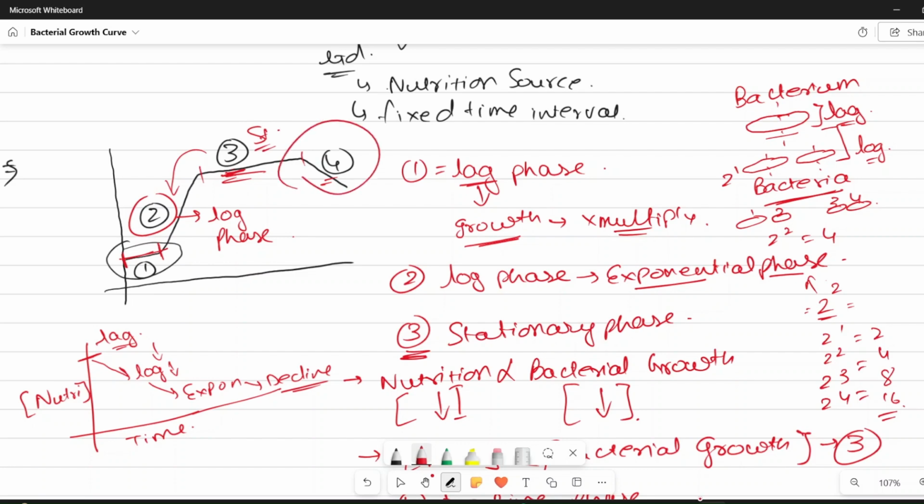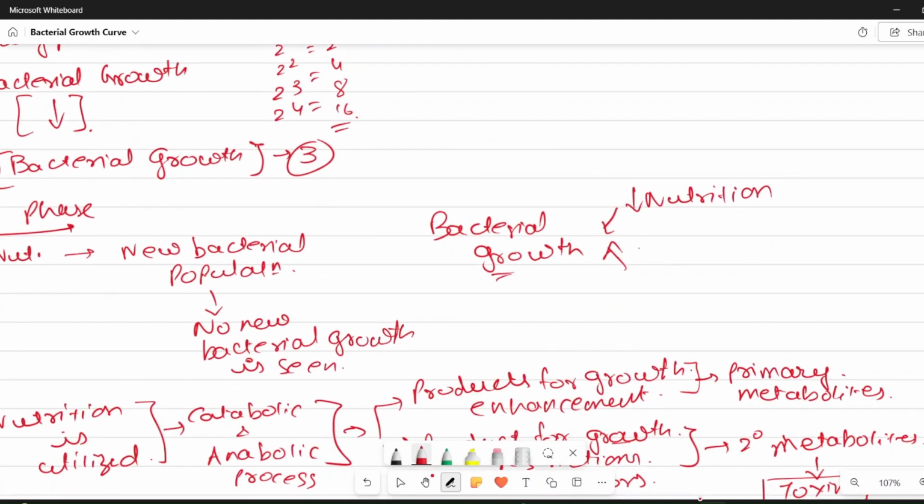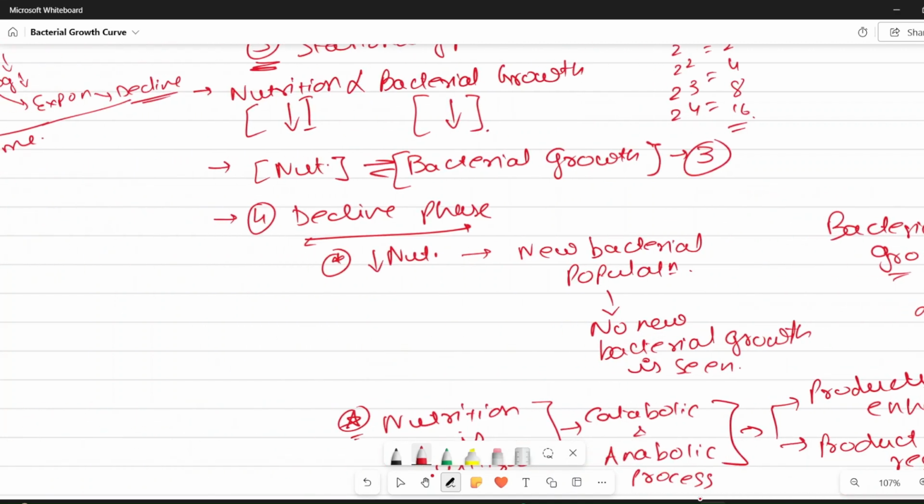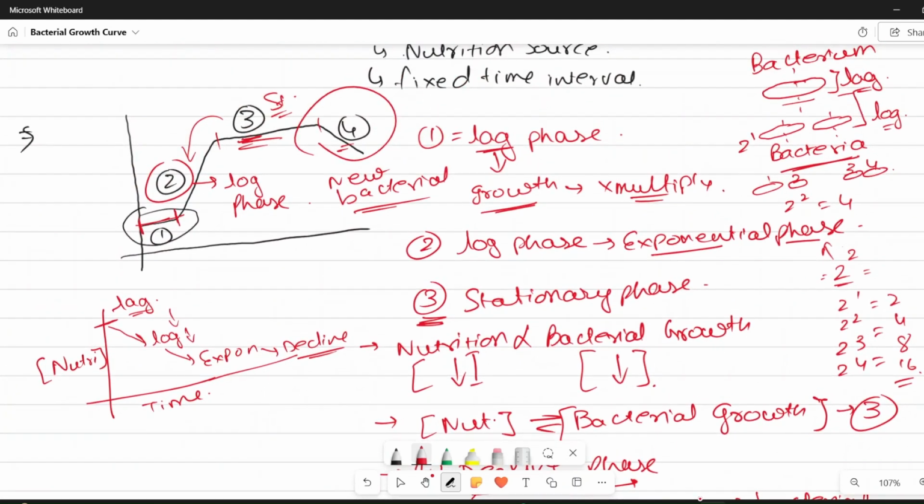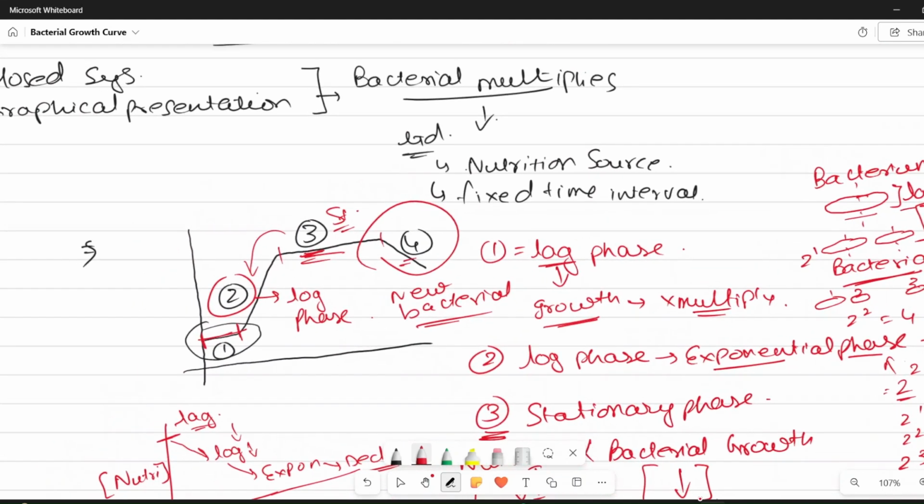So what is happening over here is that the new bacterial cells are not growing, because the toxins or the secondary metabolites which have been produced in the system act on the presently available bacteria and decline their number.